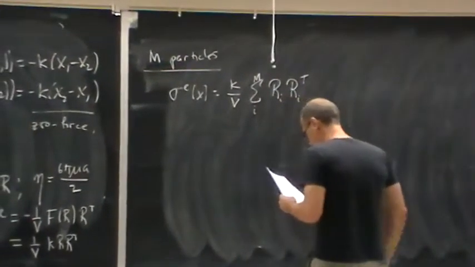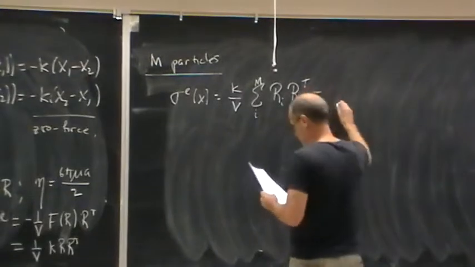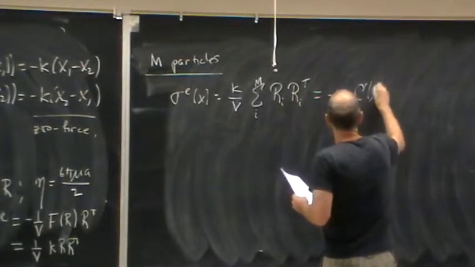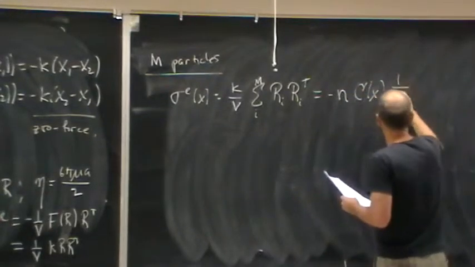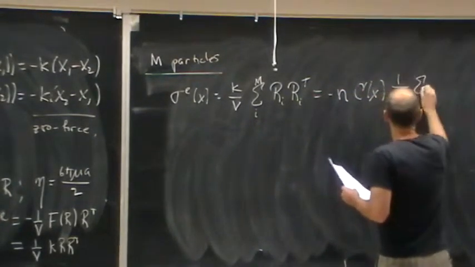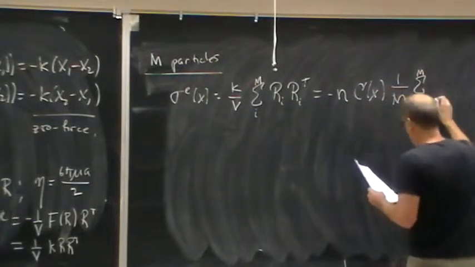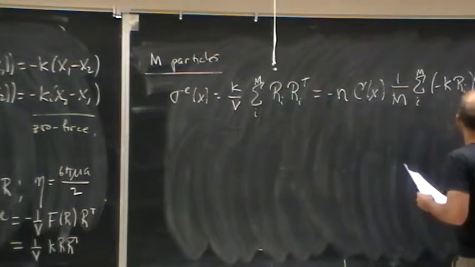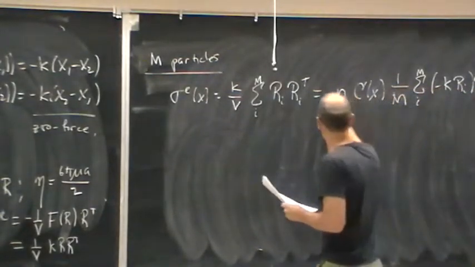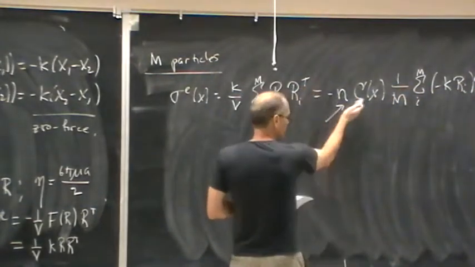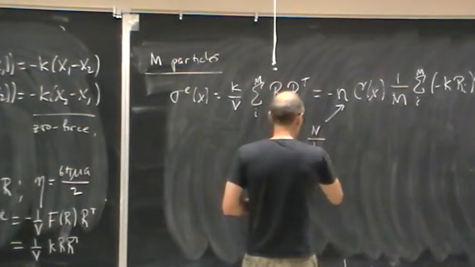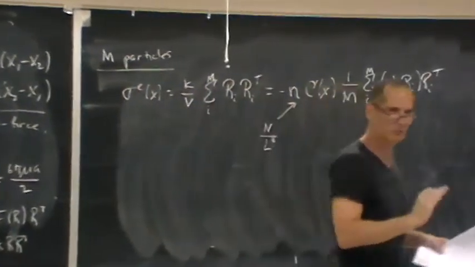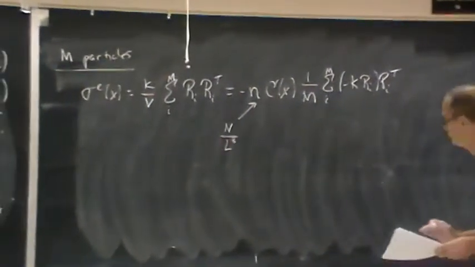And so now I can write this as minus n C of x, I'll define this in a second, 1 over m, sum over i up to m, minus k R_i R_i transpose. This n is total number density. I'm just introducing some variables, n over L cubed. Remember, I had a total of big N particles in my whole volume. So that's total number density.